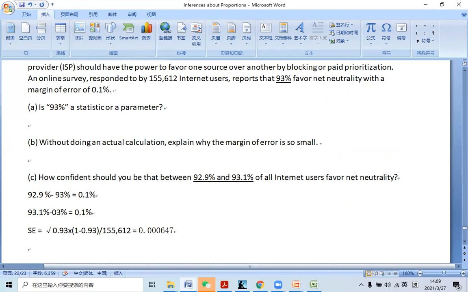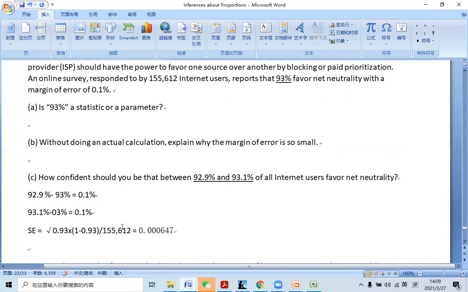And then you can calculate how far away this margin of error is from 0.